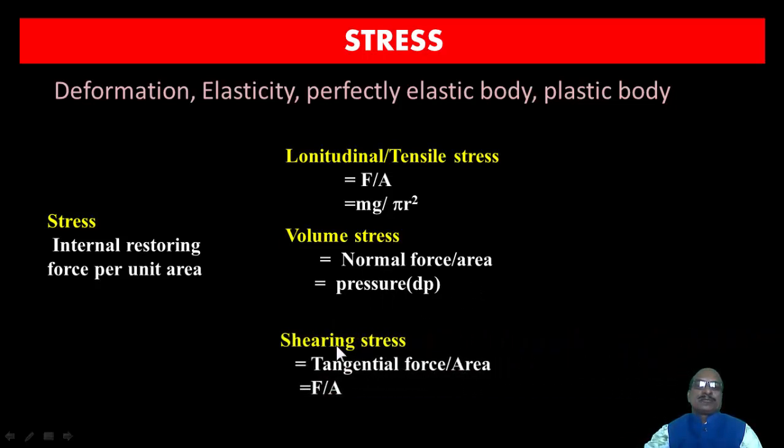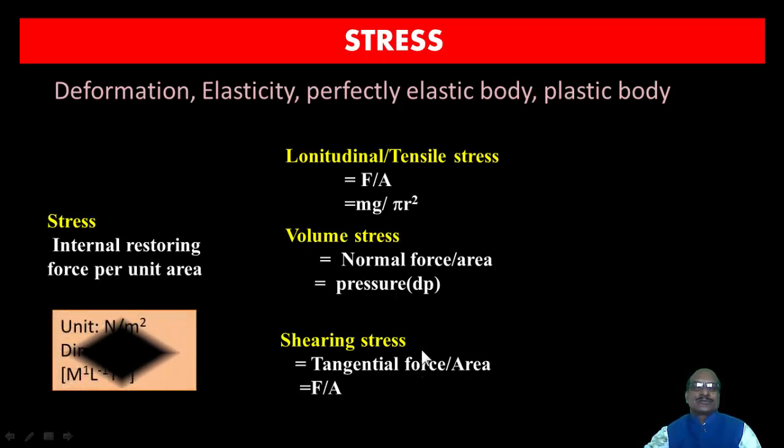One more type of stress is the shearing stress. In this case, when we apply a tangential force, there is a change in the shape of the material body. Therefore, this is defined as the tangential force per unit area.